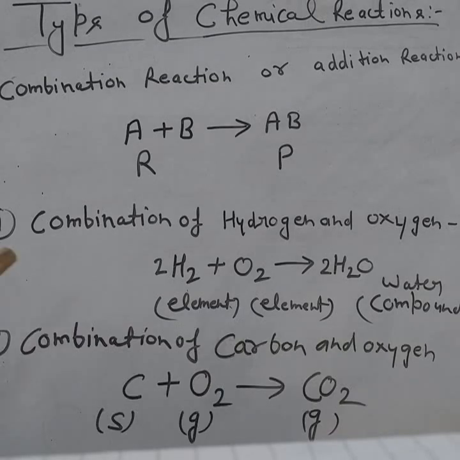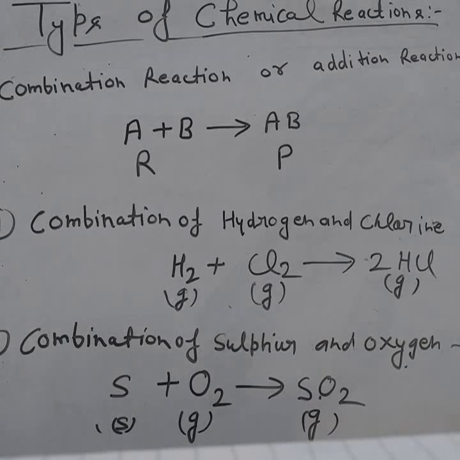The next example is the combination of carbon and oxygen. Carbon powder, also called coke or coal, is burned in oxygen and gives carbon dioxide. It is also a single product, so this reaction is called a combination or addition reaction.